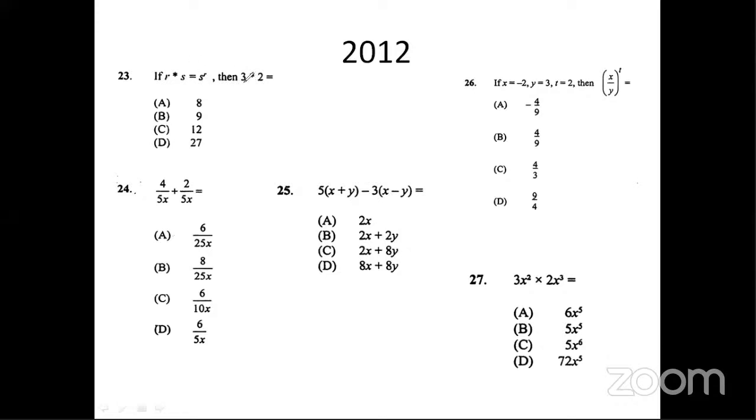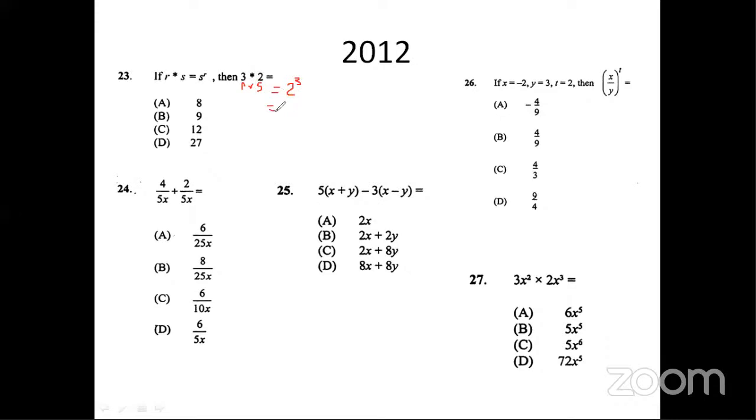So we had r asterisk s, which means that our 3 is r and our 2 is s. We now need to find out what the value of s raised to r is. So s is 2 and our r is 3.